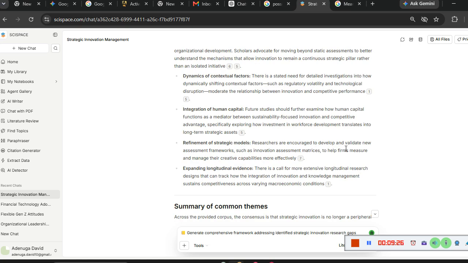Researchers are encouraged to develop and validate new assessment frameworks, such as innovation assessment metrics, to help firms measure and manage their creative capability more efficiently.